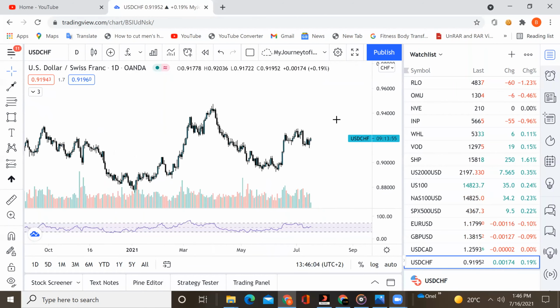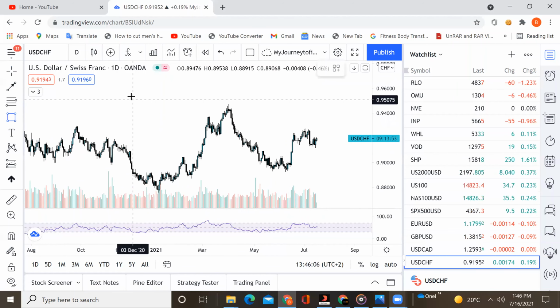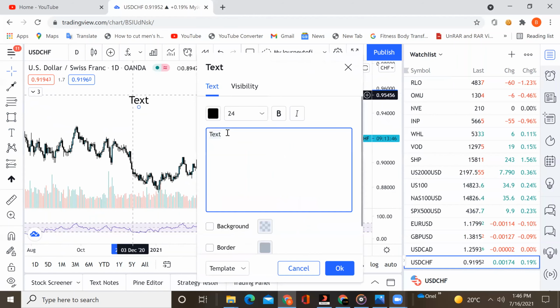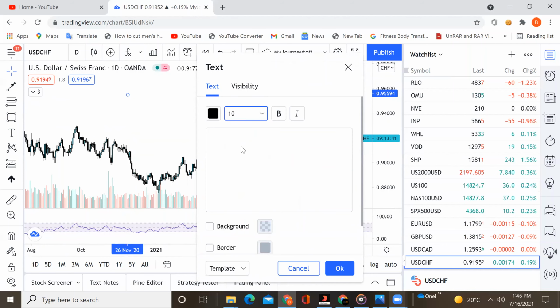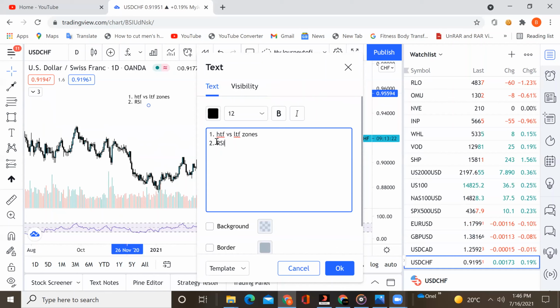So what we first want to do is start on the daily time frame. But first, I'm going to write down our confirmations list. This is going to be our main go-to list for the strategy. For one, we'll start with higher time frame, lower time frame zones. Then we can say RSI confirmation.